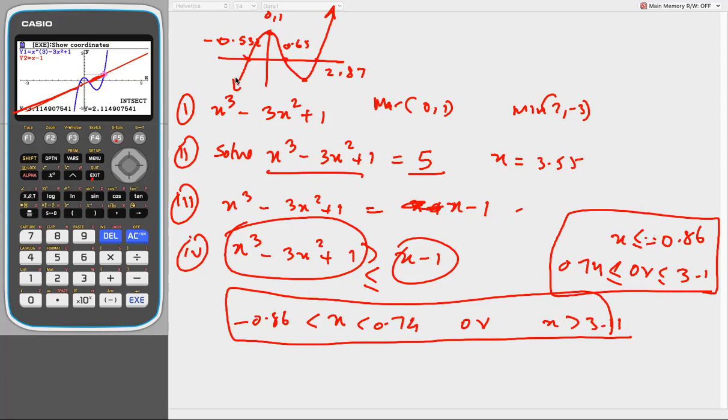Now, another very common question is when they compare the given equation with a horizontal line. For example, I'll erase this.